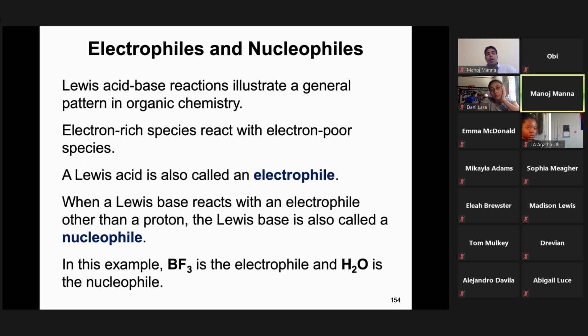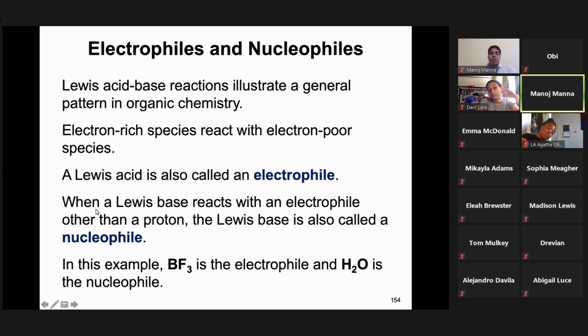But if we think about not only H plus, other species that are electron deficient can also act like a Lewis acid. So instead of H plus, for any other species, we use the broader term electrophile.